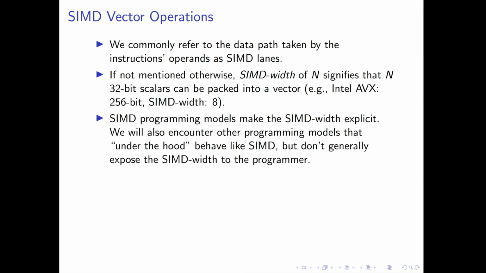And when people say SSE has a SIMD width of 4, they are referring to 32-bit single precision scalars. CPUs have this very explicit model where you can explicitly program SIMD. And we will later find that other architectures behave very similarly.